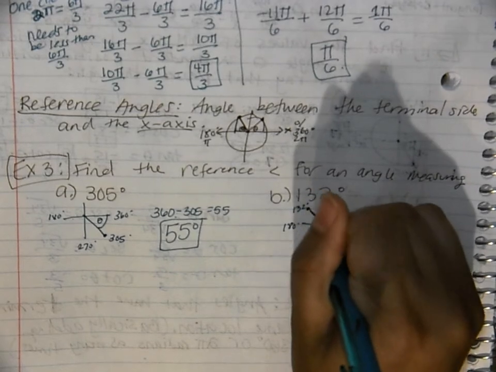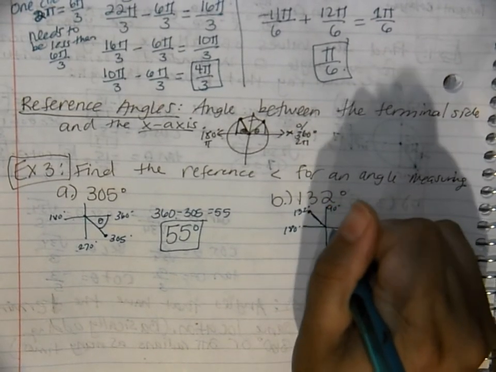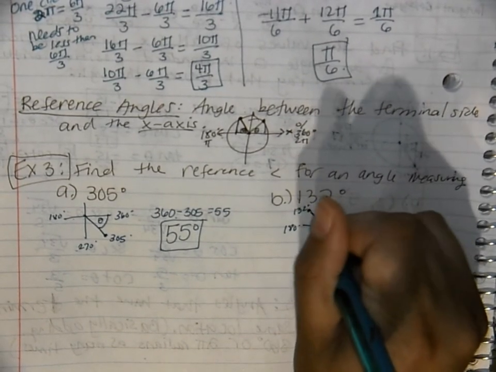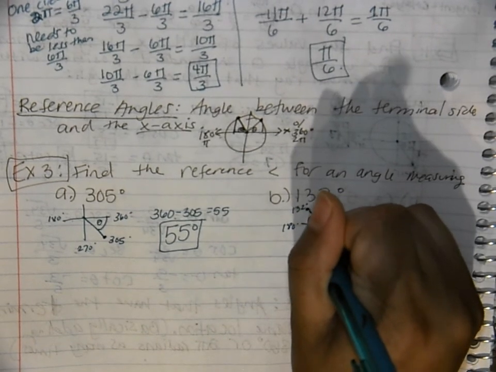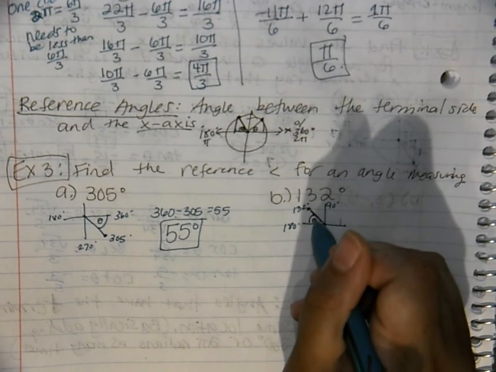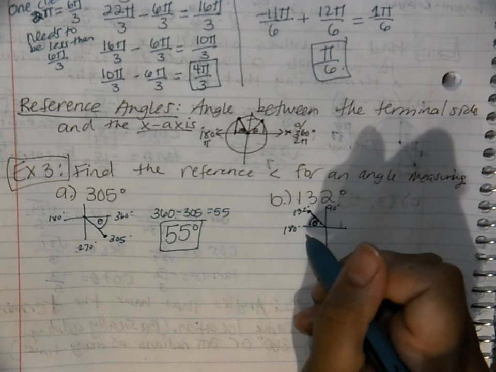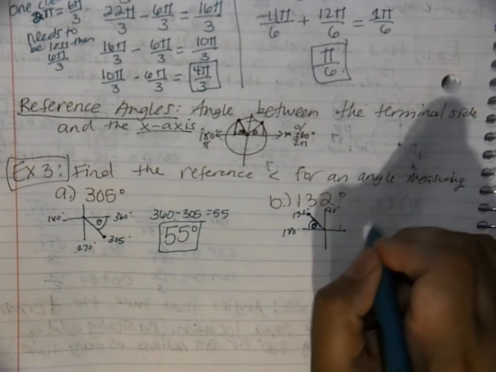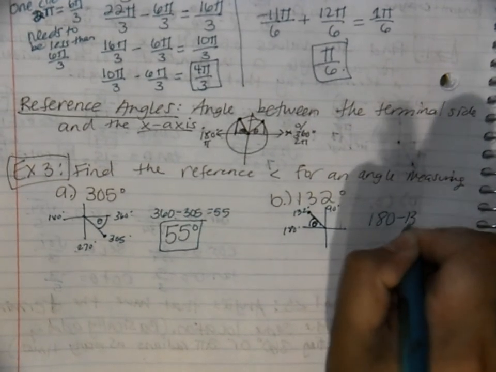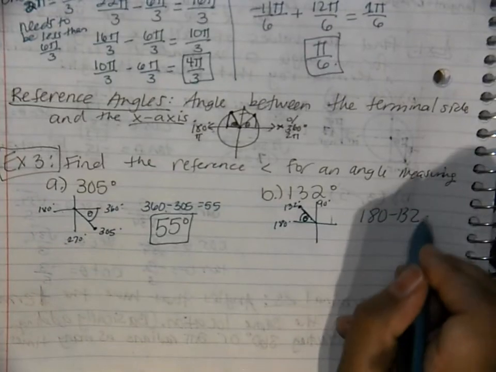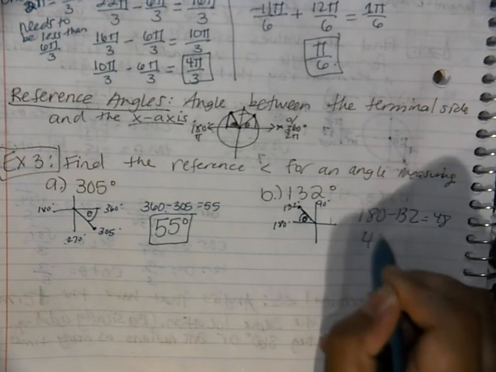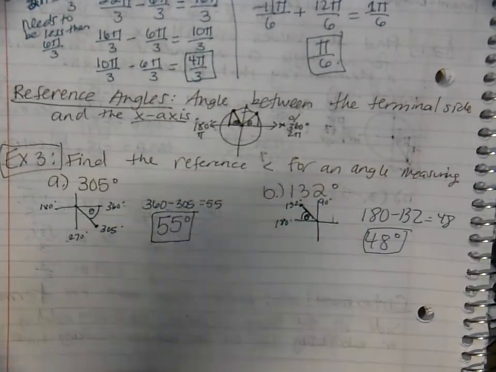I now need to measure not all the way from here to here. That would be too much. I just need to know this angle measure here. From 132 to 180, that's my theta I'm looking for. So 180 minus 132 is 48. So 48 degrees would be our answer there.